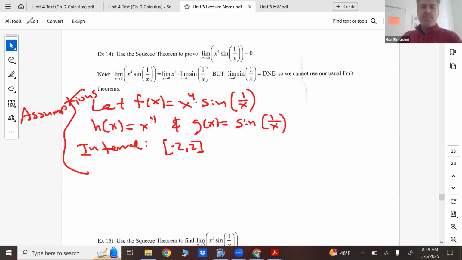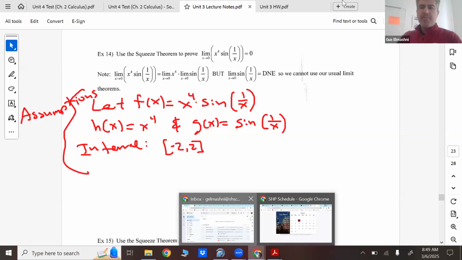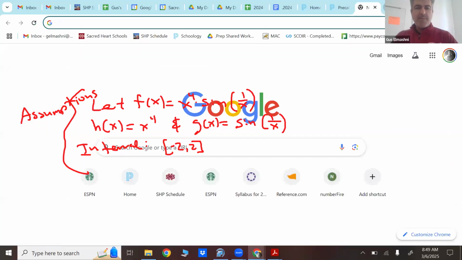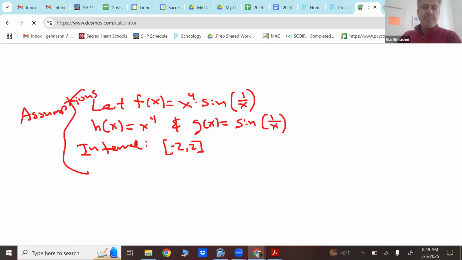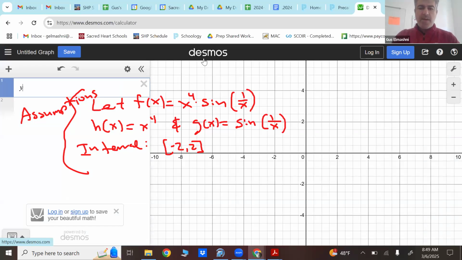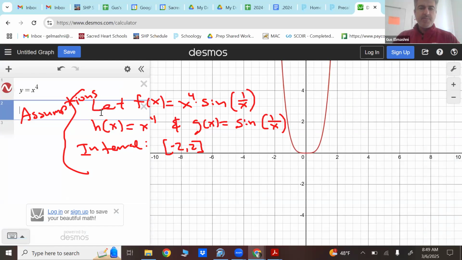Actually, we'll go to Desmos. Desmos is great. Okay, let's go to Desmos. So y equals x to the 4 power. Y equals sine of 1 over x. Okay, well, it's crazy, right?